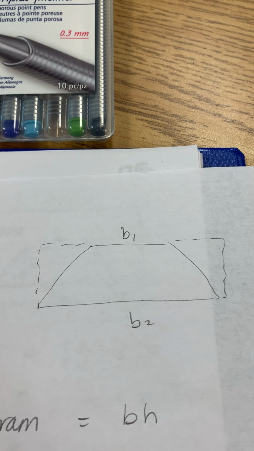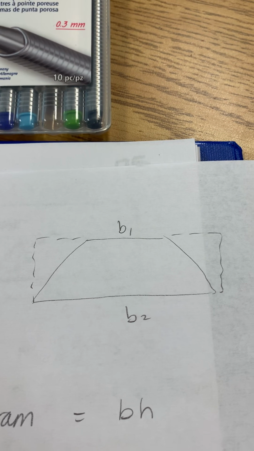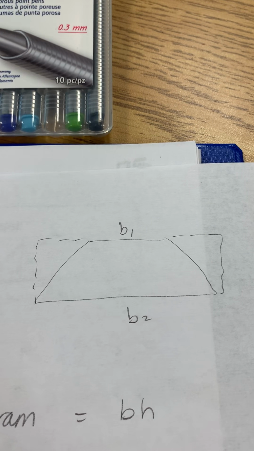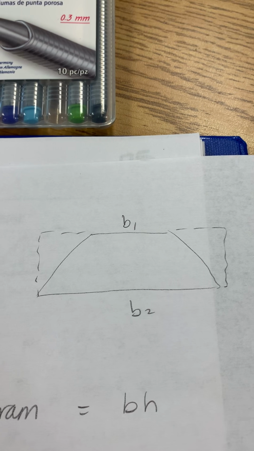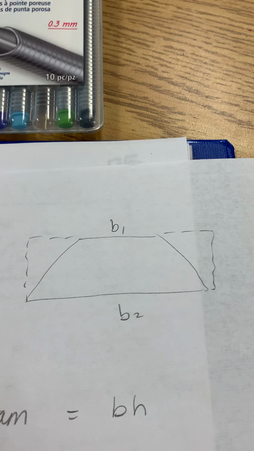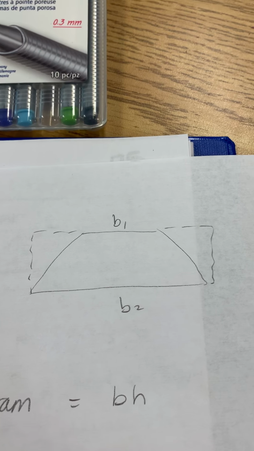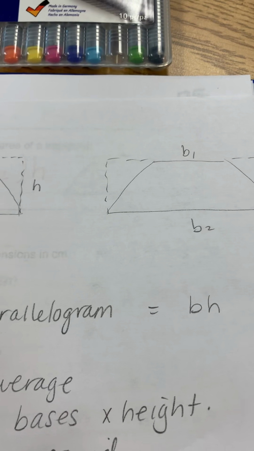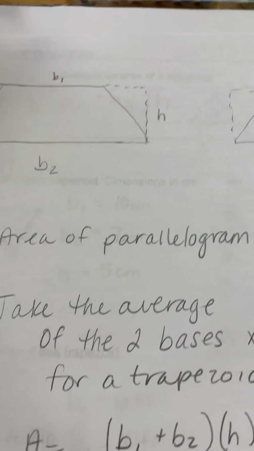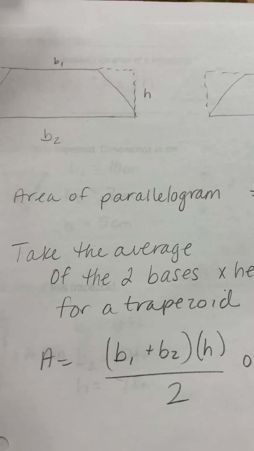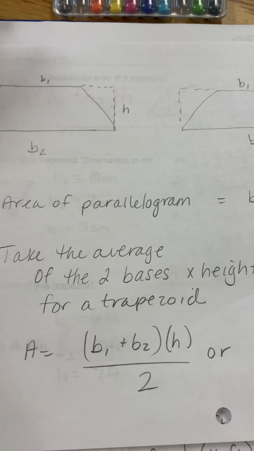So the reasoning, you'll see on the formula, what they do is they find the average of the two bases, and that's where we get our formula from. So if we average them, we actually get the best of an area that's too big and an area that's too small. So we remember parallelogram, base times height, but we take the average of the two bases times the height for a trapezoid.